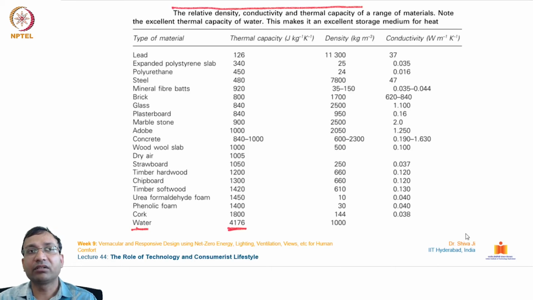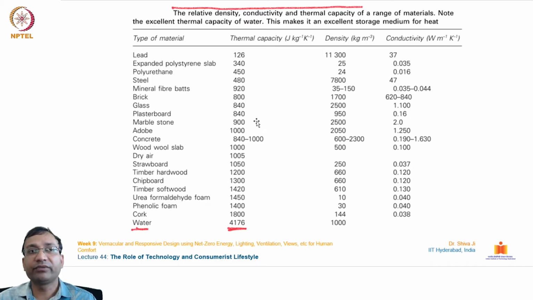Further, on the material part, if you see the relative density, conductivity, and thermal capacity of a range of materials, three things we are talking about here, and this is one of the most important charts and tables for us to be aware of the kind of materials we are choosing, and how much impact these are going to have on our designs. How much material they are going to use, how much energy they are going to use, so by choosing appropriately we can control the wastage of resources as well as energy.